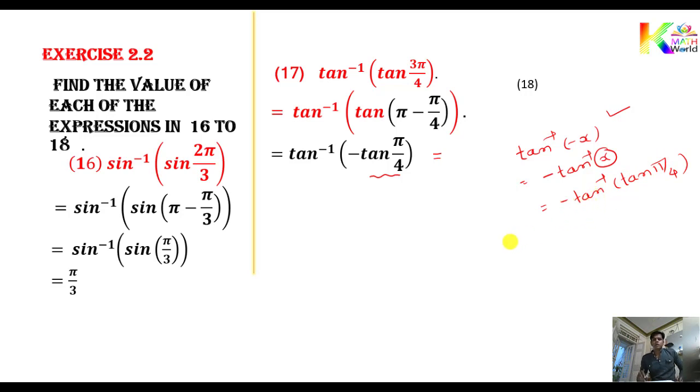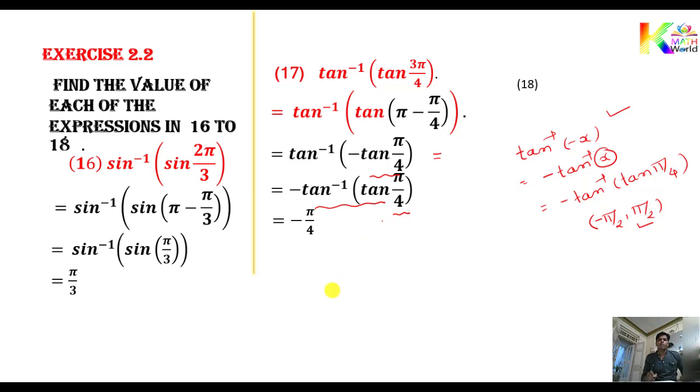Now this is like tan inverse of tan x, and what is the range for tan inverse? Minus pi by 2 to pi by 2. This time x is pi by 4, so obviously pi by 4 lies in this range. So you can write the answer: minus pi by 4.